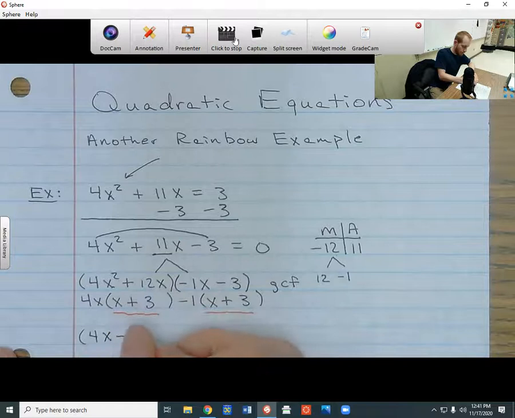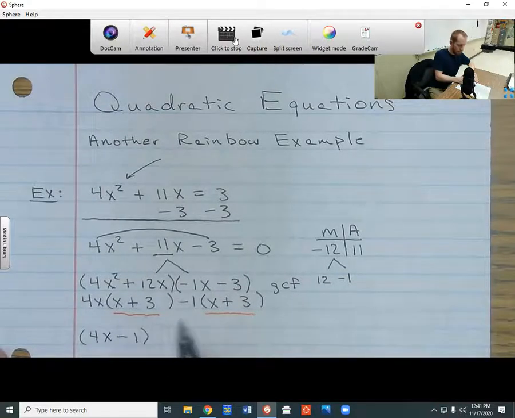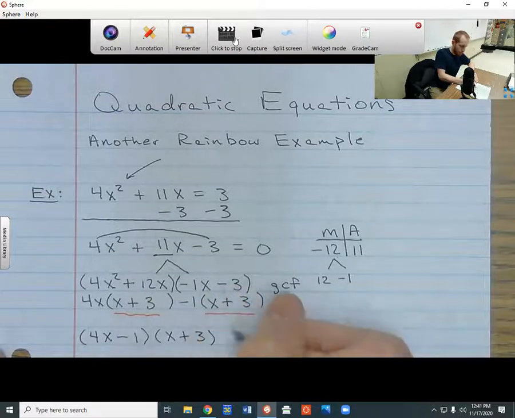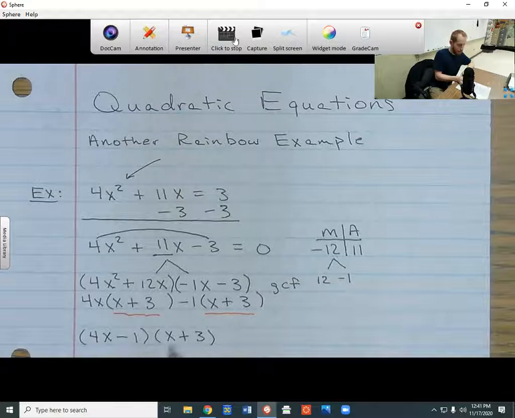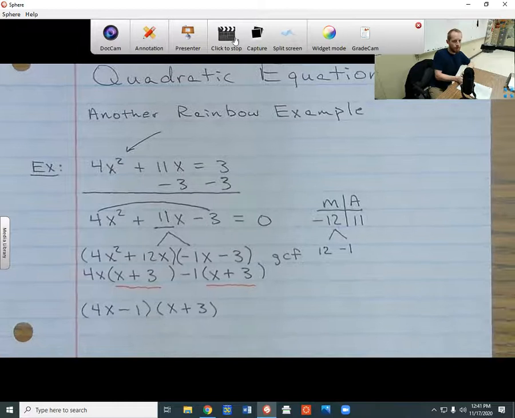And then what I underlined in red, these two parts that match up on the inside, I'm only merging those into one copy. Okay? So these are my two factors, 4x minus 1 and x plus 3. So now I'm ready to set both of those equal to 0, and then I can figure out what my two solutions are going to be.